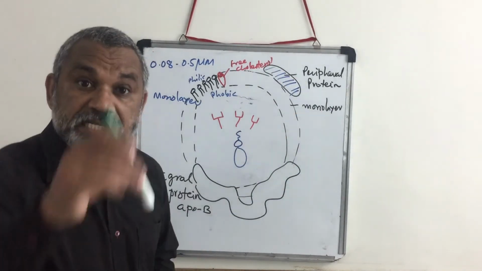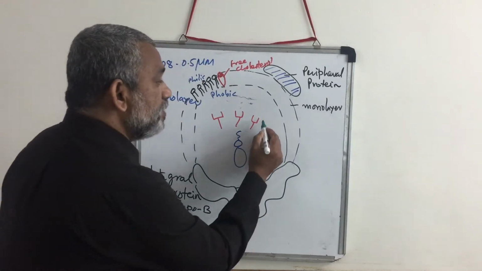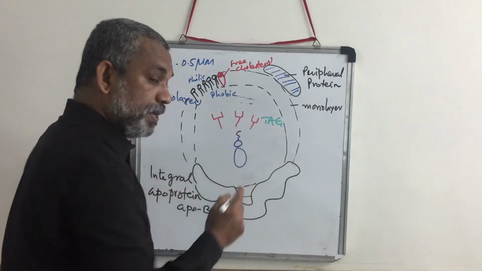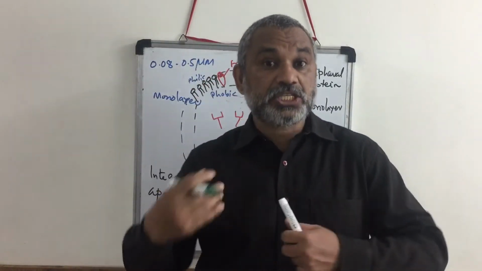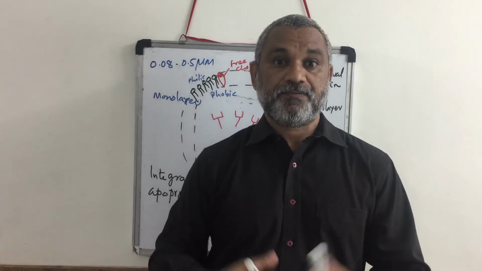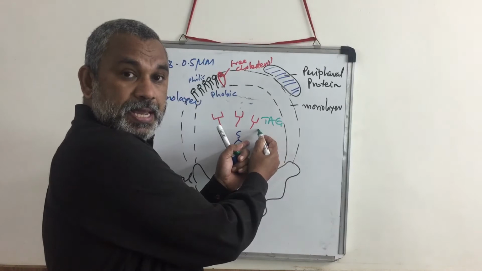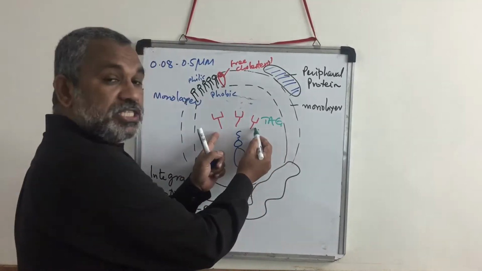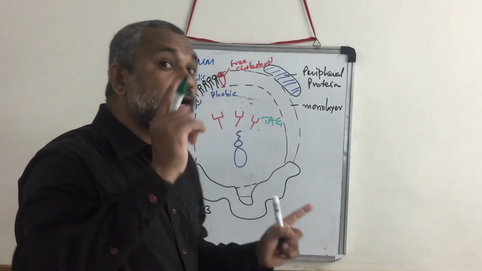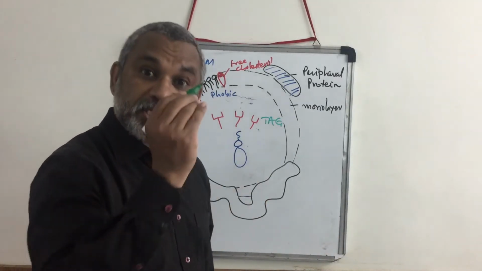What do you find inside? That is very interesting. Inside you will find triacylglycerol. Remember, these are the triacylglycerols which came into our system from food, were digested, and reassembled in the epithelial cells, and these are the triacylglycerols because we are going to store them. And there are cholesterol esters.